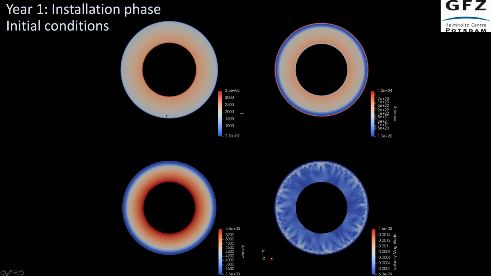So here I'm showing you temperature, density, viscosity, and velocity, and I'm going to talk you through the initial conditions of the model I'm presenting today.